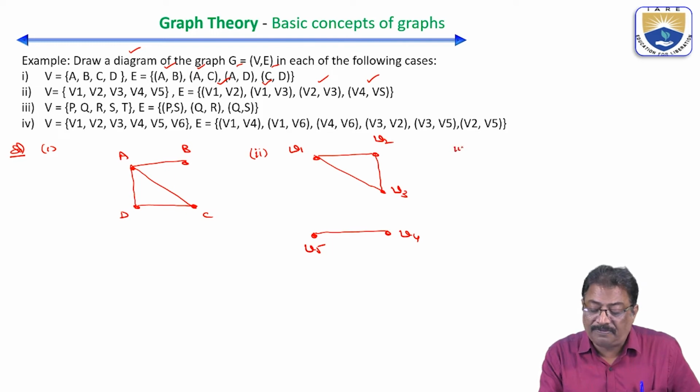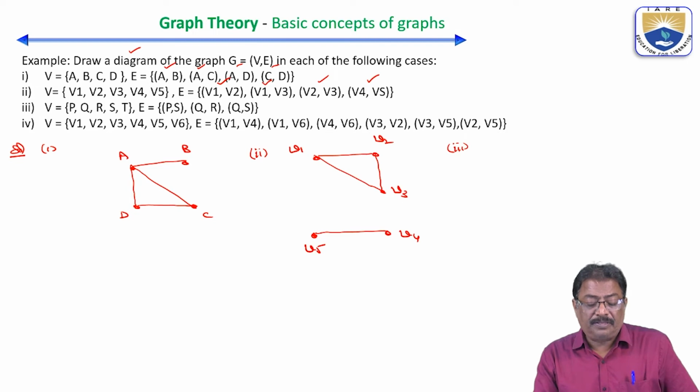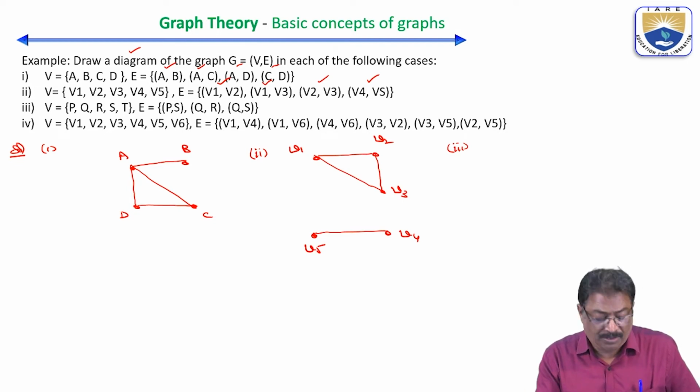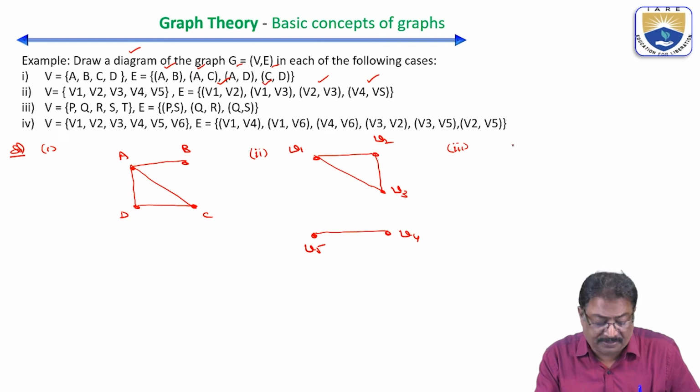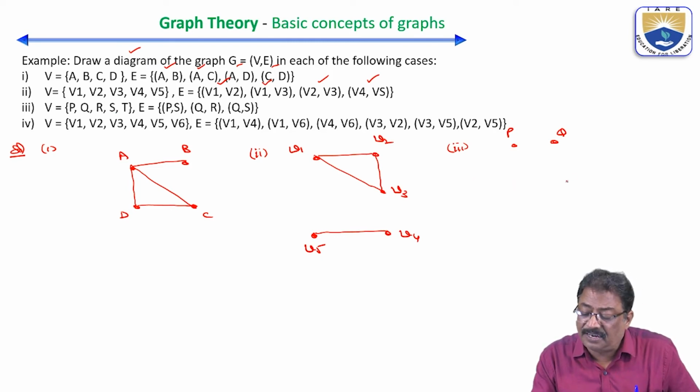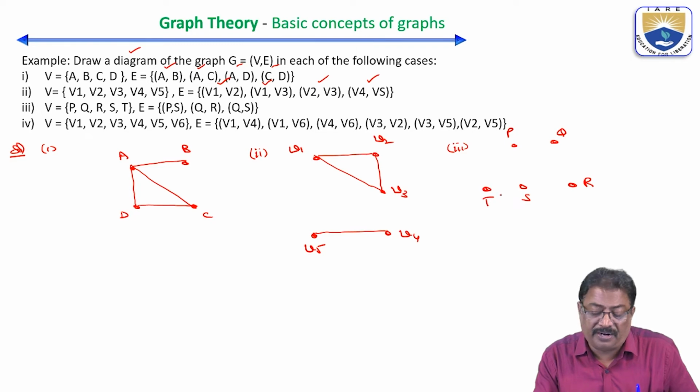Now the third one has 5 vertices: P, Q, R, S, T. You can consider them in any order.